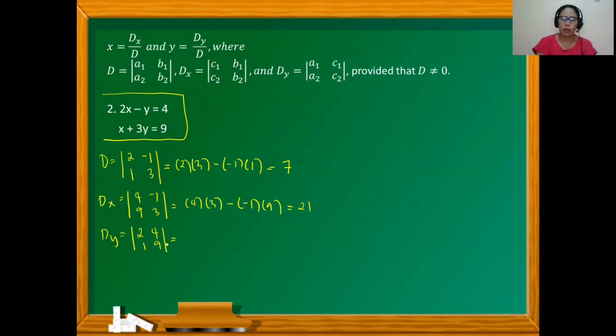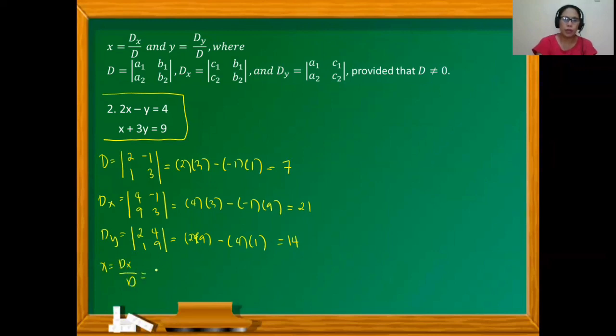And then working on the difference between their cross product. So this is 2 times 9 minus 4 times 1. So this is 18 minus 4, and this gives us 14. So solving for x, x is d sub x all over d.